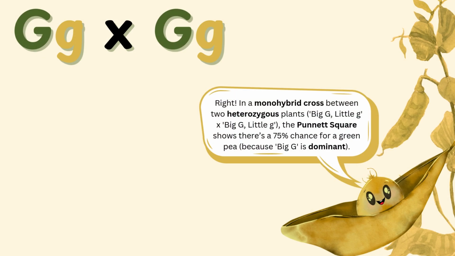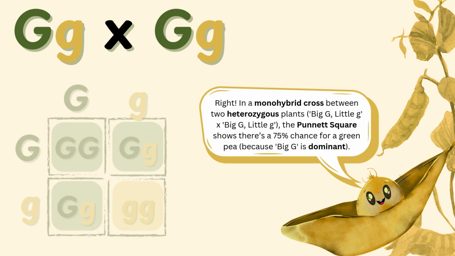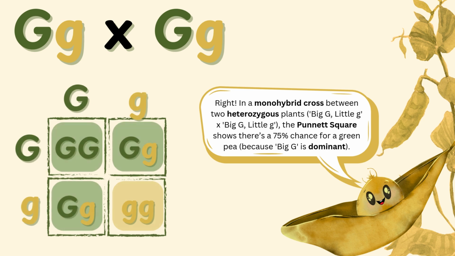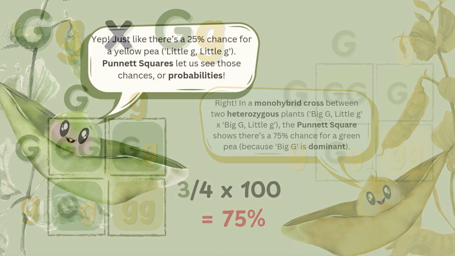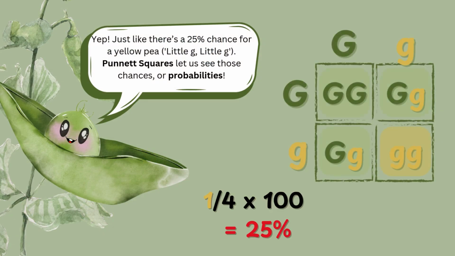Right! In a monohybrid cross between two heterozygous plants, big G, little g, times big G, little g, the Punnett square shows there's a 75% chance for a green pea, because big G is dominant. Yep, just like there's a 25% chance for a yellow pea, little g, little g.